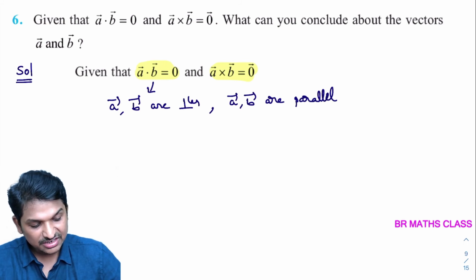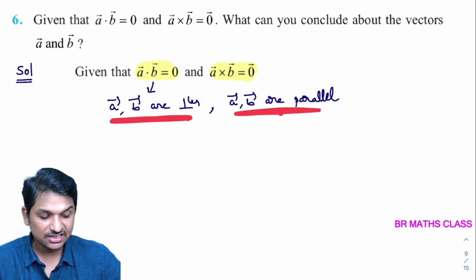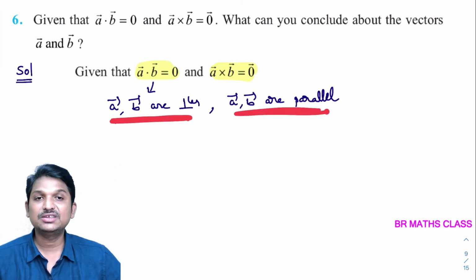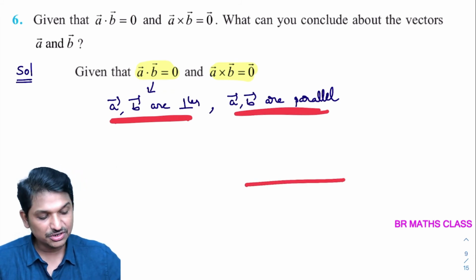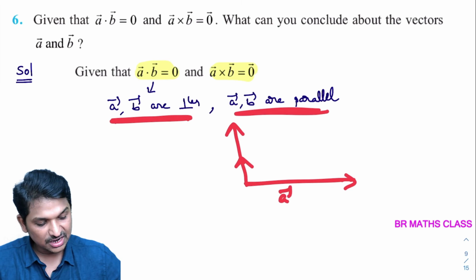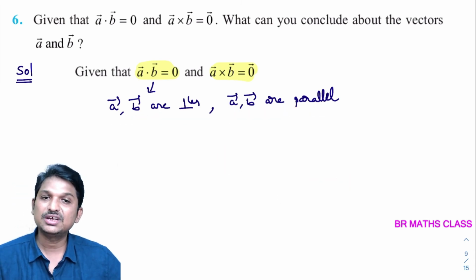Is it possible to draw two vectors which are perpendicular as well as parallel? Suppose this is a bar, and suppose this is b bar. a bar and b bar are perpendicular here. Is it possible that we can draw two vectors which are parallel as well as perpendicular?